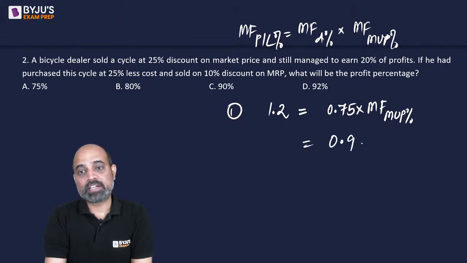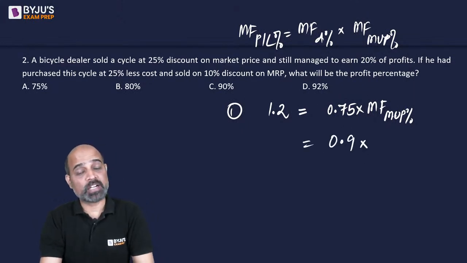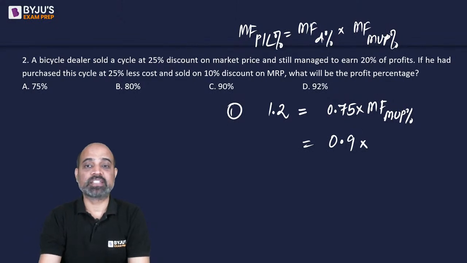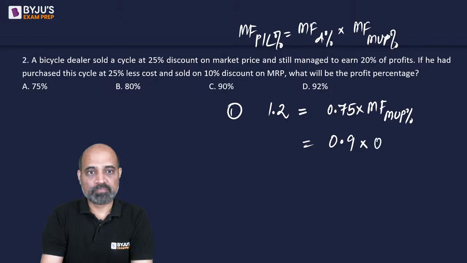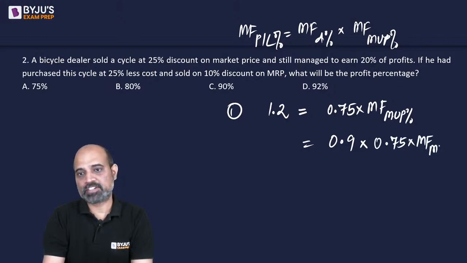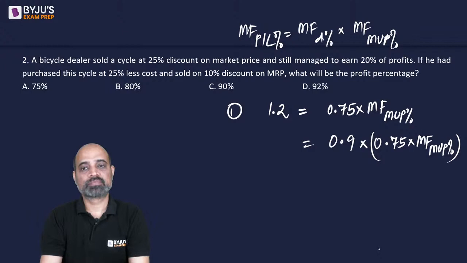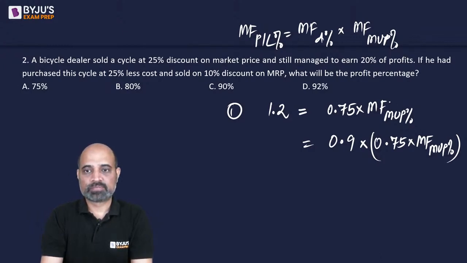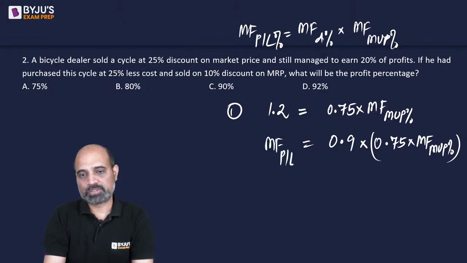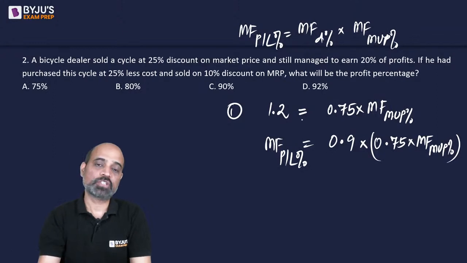So अगर ये 0.9 हो जाता and instead of multiplying factor of markup price percentage, had this been 0.75 of multiplying factor of markup price percentage, right? Then what will be the profit percentage? So this is what we need to find out.